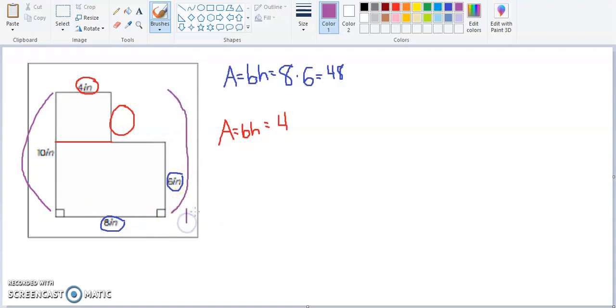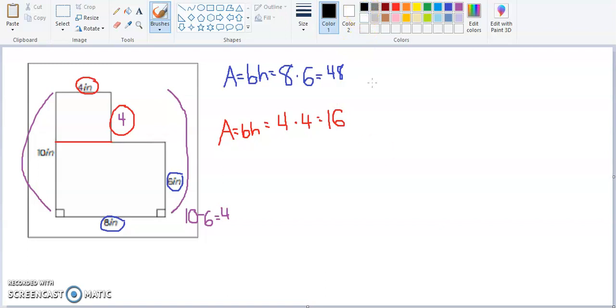So I'm going to go ahead and take 10 minus the 6 inches right here, because I already know that they're being used, to get 4. That means this leftover piece for their height is going to be 4. So my area for my small rectangle is going to be base times height, or 4 times 4, to get me 16.